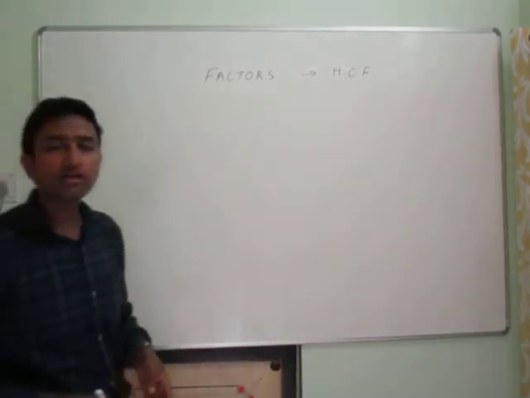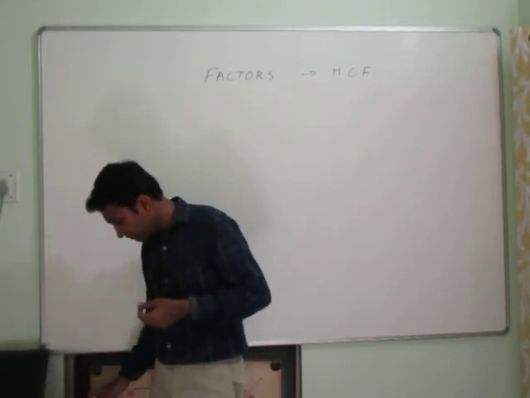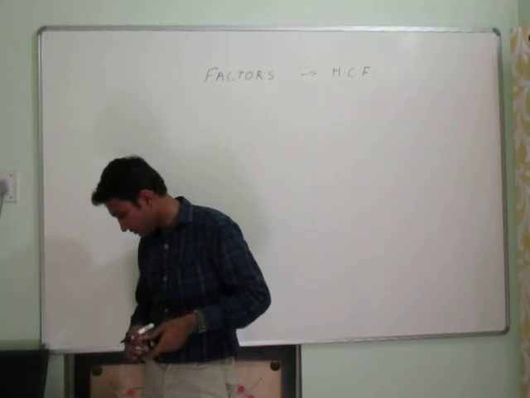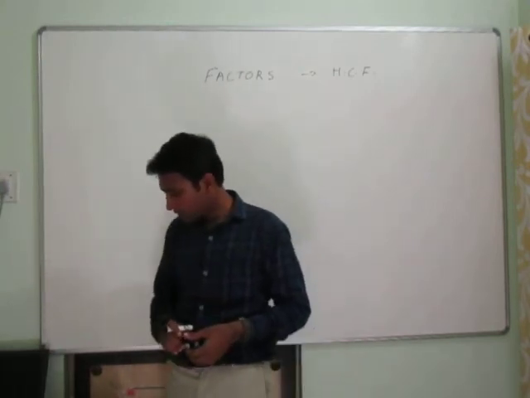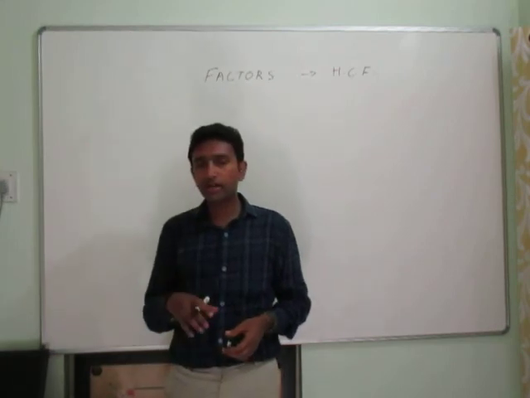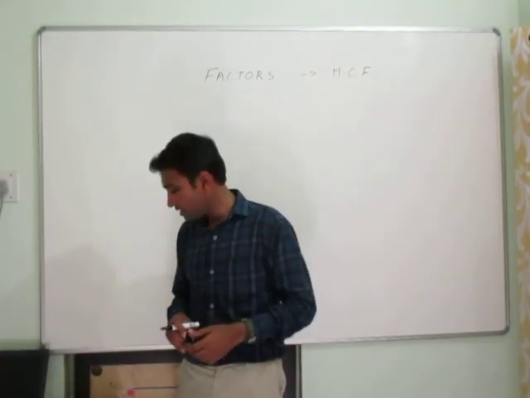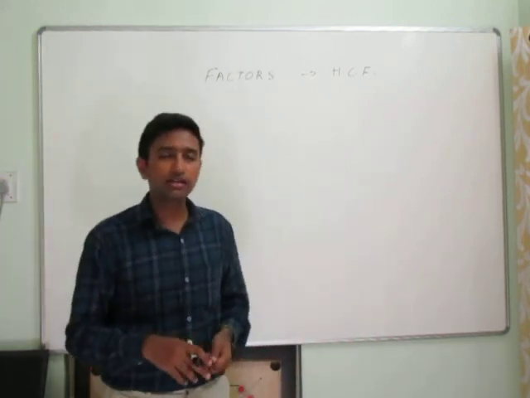In the next class, we'll be learning about finding common factors. I have taught that, but I'll just repeat that once very quickly. And factor tree method. These two things we'll learn in the next class.